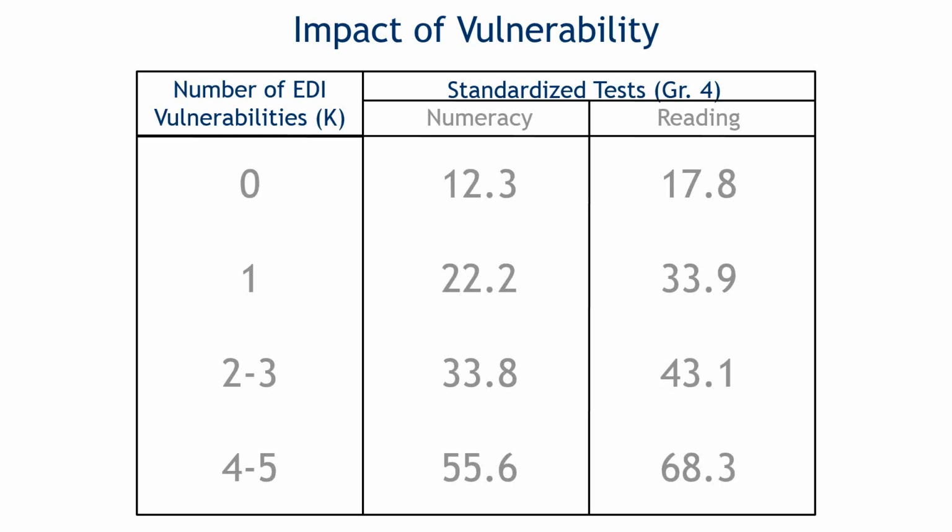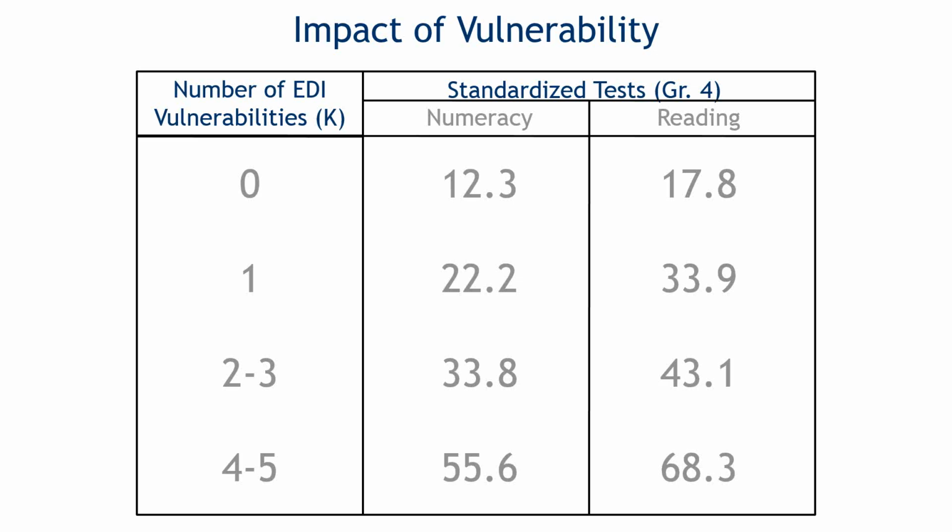You can see that goes up again if kids are coming in with 2 or 3 vulnerabilities. And then for those kids who are coming into kindergarten with 4 or 5 vulnerabilities, 55.6% of them are not meeting expectations on the numeracy standardized assessment, and 68.3%, or nearly 70% of those kids, are not meeting expectations on the reading assessment.